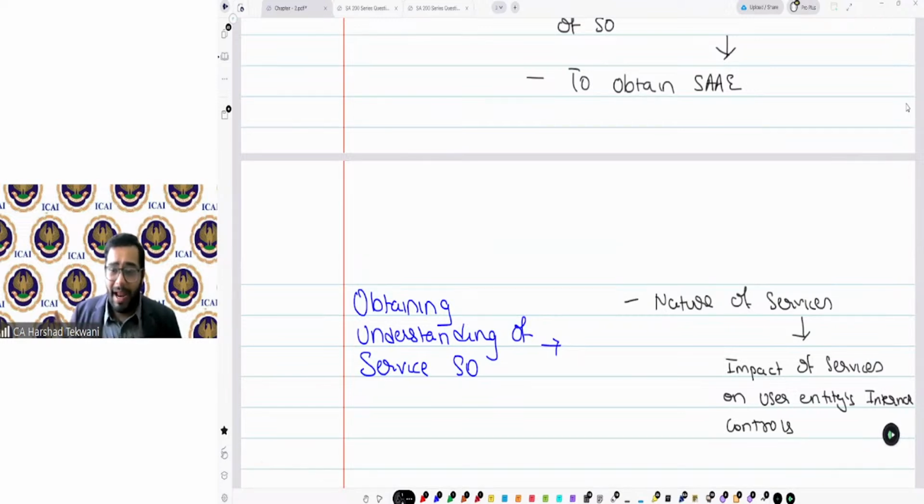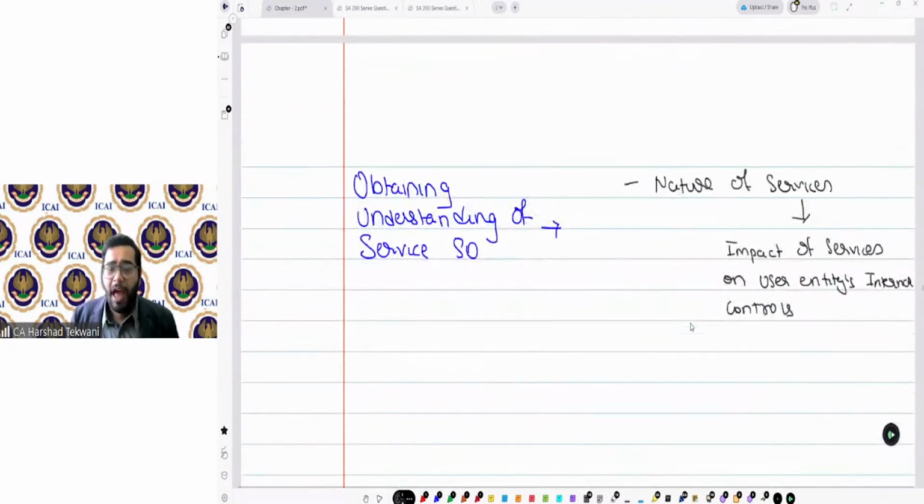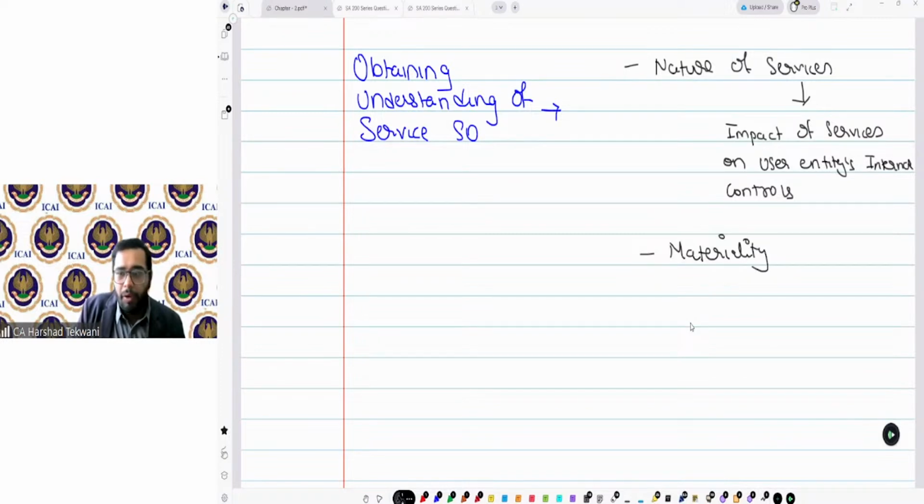The user entity is the entity which is being audited. So don't only understand the nature of services, understand how the services are impacting the entity's internal control. Number two, understand the materiality of the transactions processed.